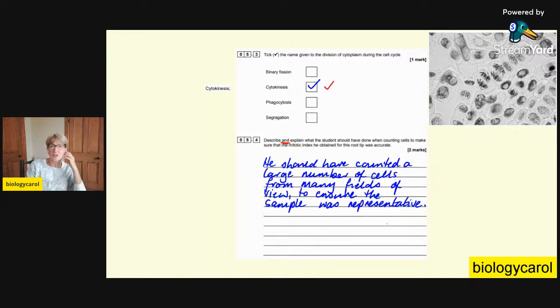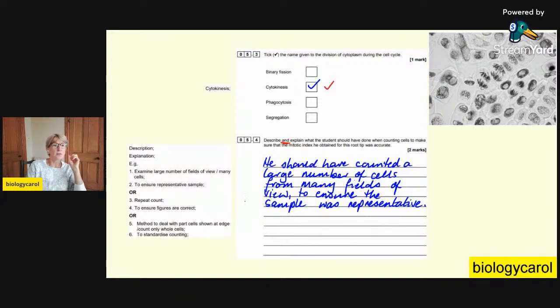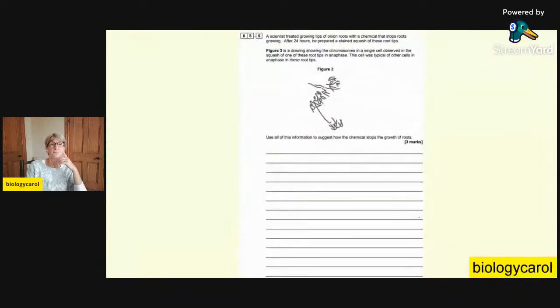So just a good hint there. So description and explanation. I got mark point 1 and mark point 2. Notice that you could have done 3 and 4 or 5 and 6, but these were the 2 that seemed most obvious to me.